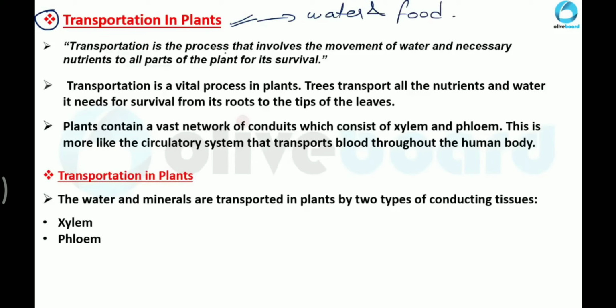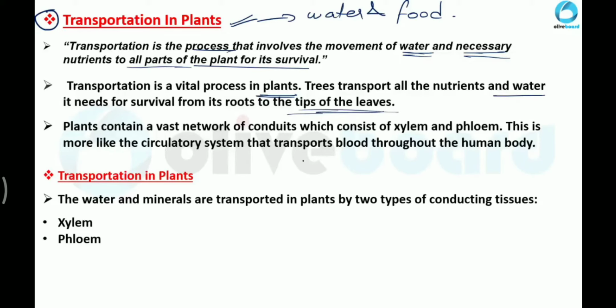So transportation is the process that involves the movement of water and necessary nutrients to all the parts of the plant for its survival. Transportation is a vital process in plants. Trees transport all the nutrients and water they need for survival from the roots to the tip of the leaves.